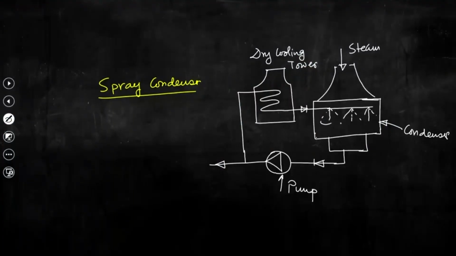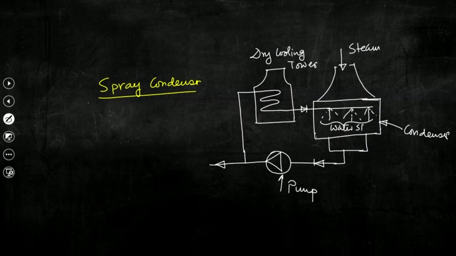So, this is water spray. So, water is sprayed into the flowing stream, and as these two streams mix together, eventually we will be collecting condensate. So, this is the condensate.